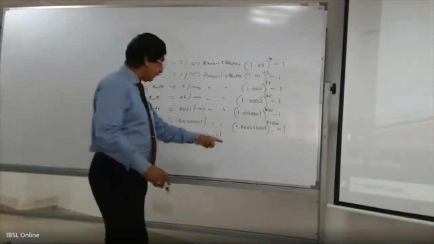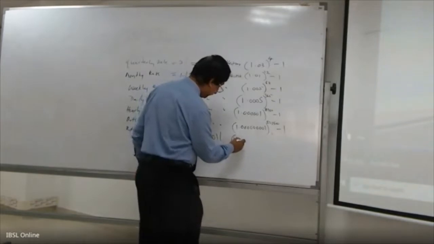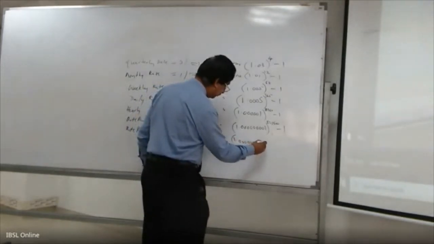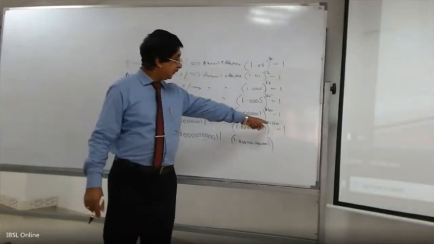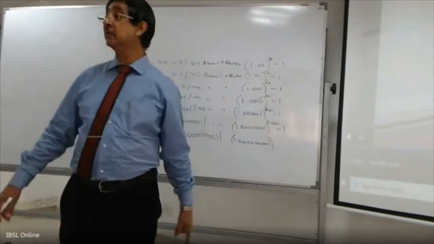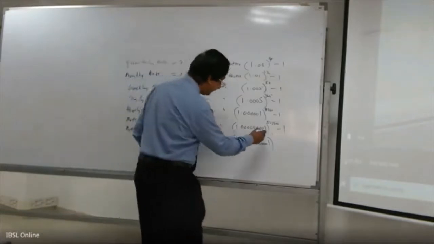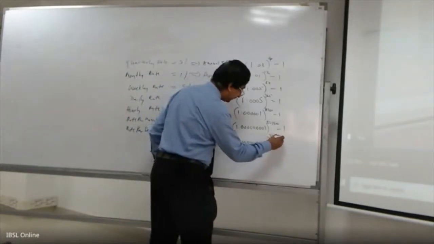Now there will be 12 zeros here. To the power what? 525,600 into 60. What is that value? 31,536,000.